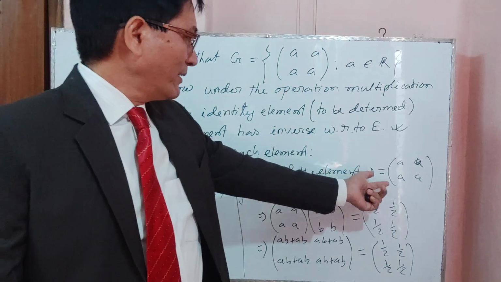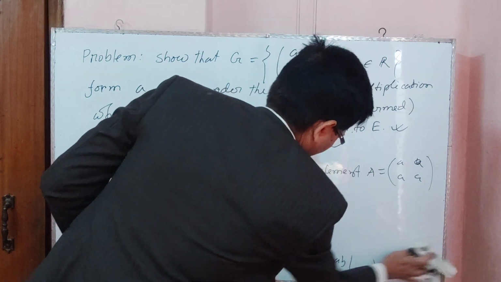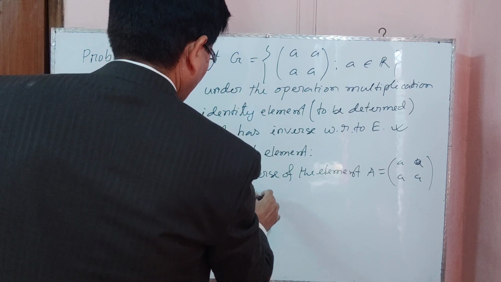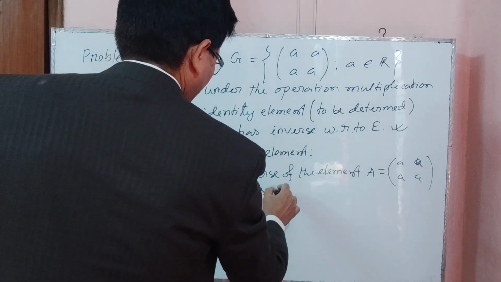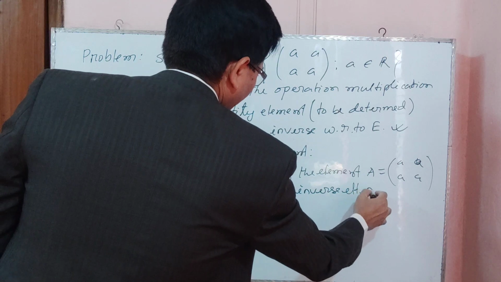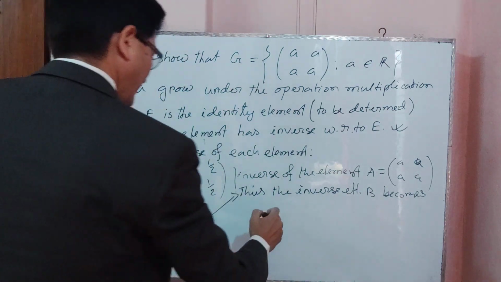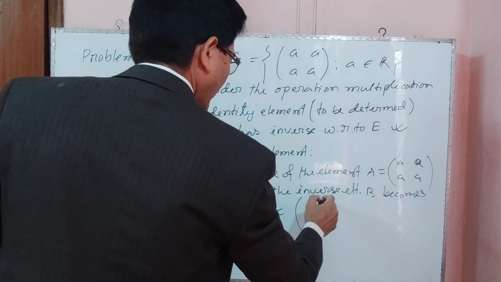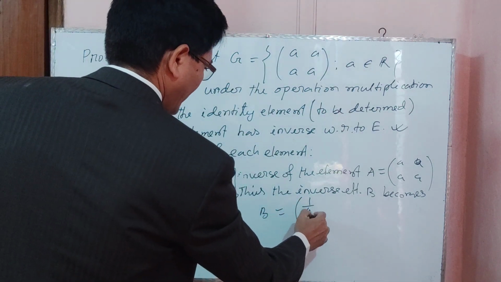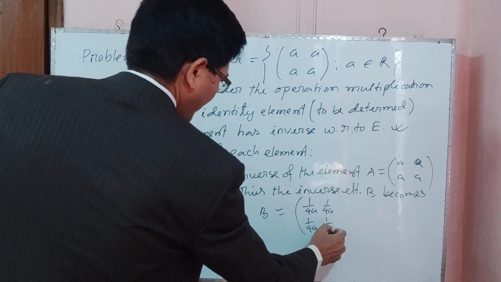We already considered B is the inverse of A, so the inverse element B becomes 1 by 4A in every entry.